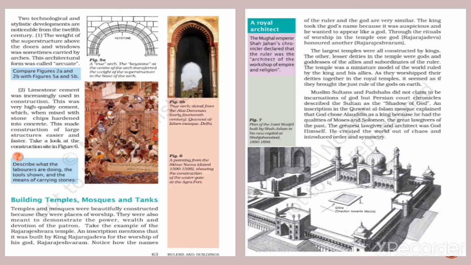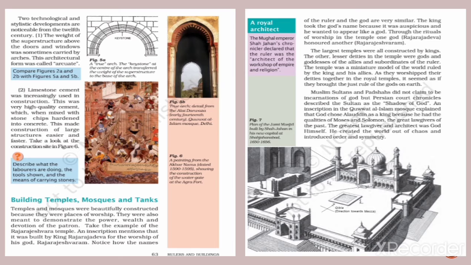Kings used the names of the gods as it was auspicious and they wanted to appear like God. So why was it named Rajarajeshwara temple? Because they themselves wanted to appear like God.